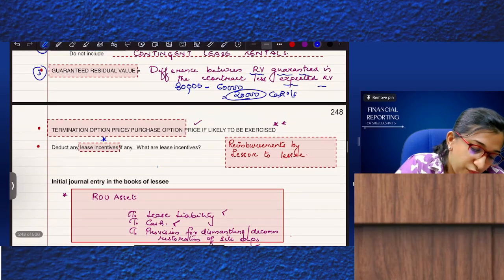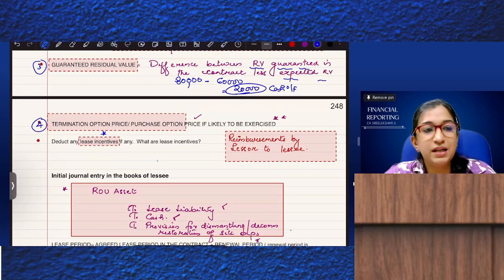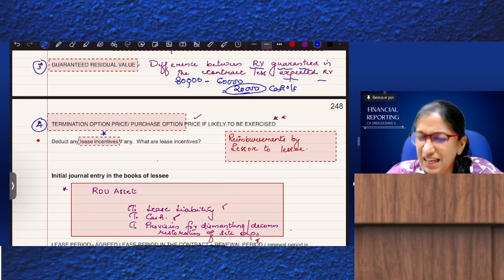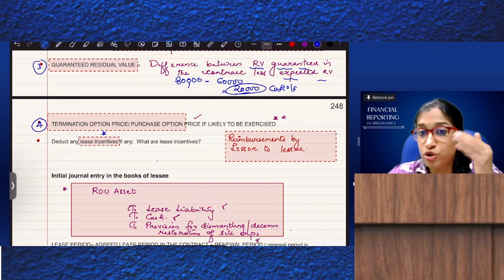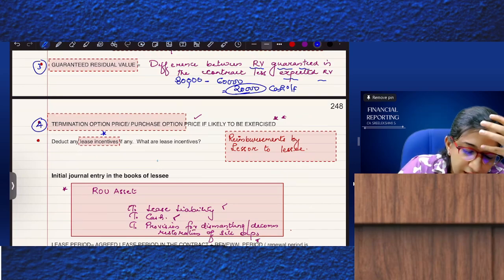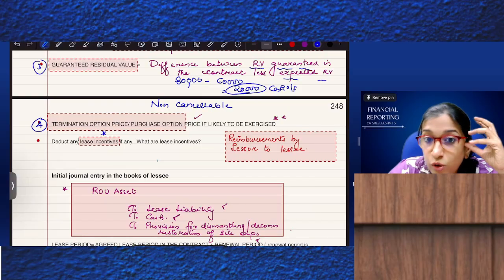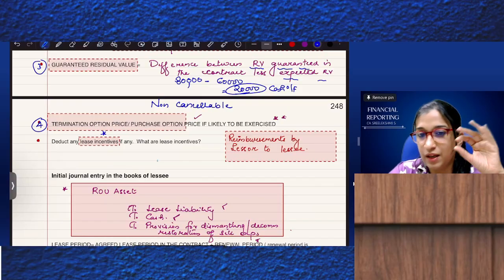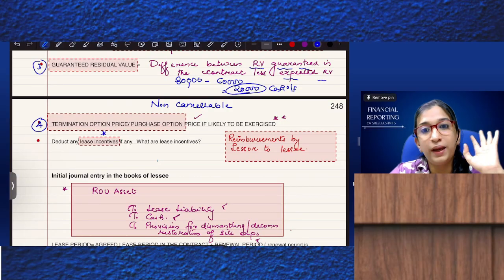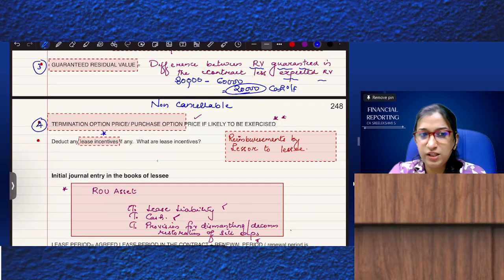Then 4. Termination option price or purchase option price likely to be exercised. If you are sure that lease contracts are non-cancelable contracts. What do you mean by non-cancelable? If you cancel, you need to pay a penalty.